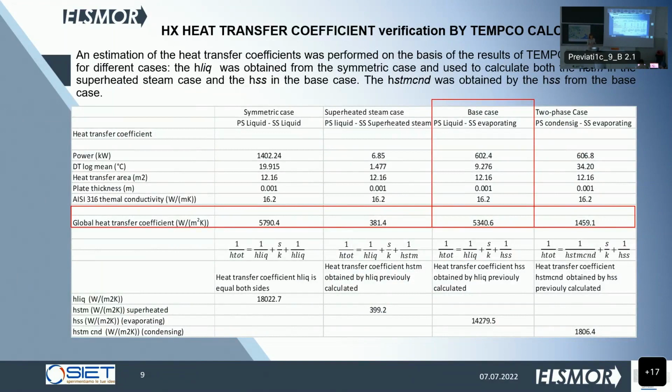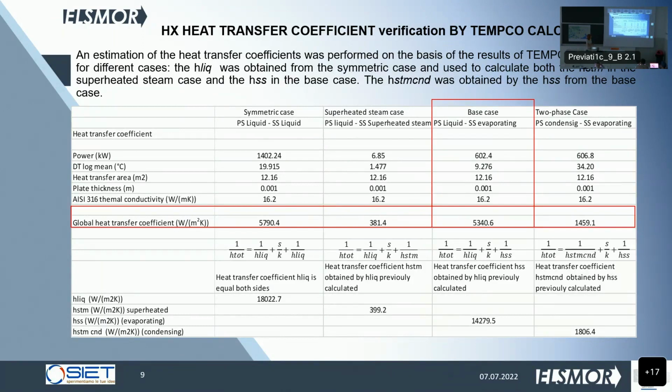So we asked the manufacturer to perform some calculations with the code with which they dimension the heat exchanger, such that we could determine or estimate the heat transfer coefficient. So we started with a symmetric case. We asked them to perform a calculation.